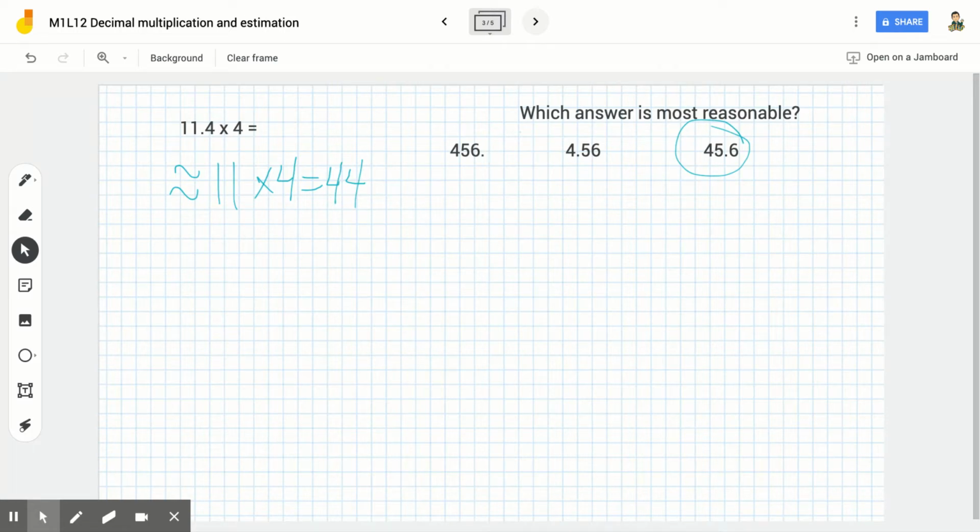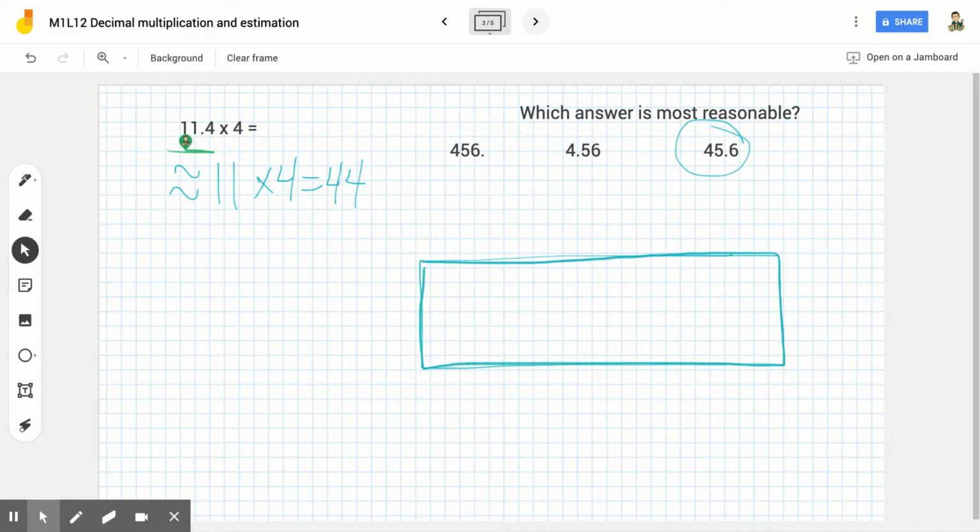Let's prove it using an area model. This one is broken into 3 pieces.